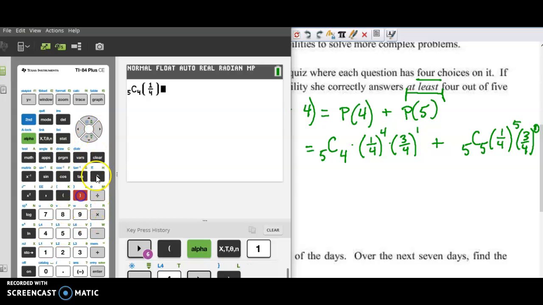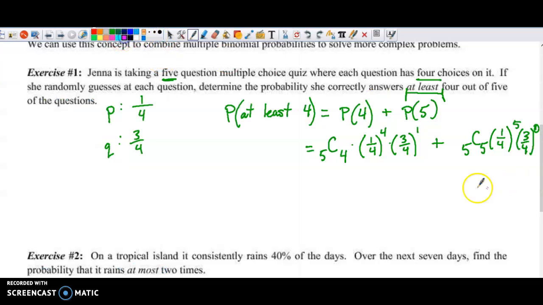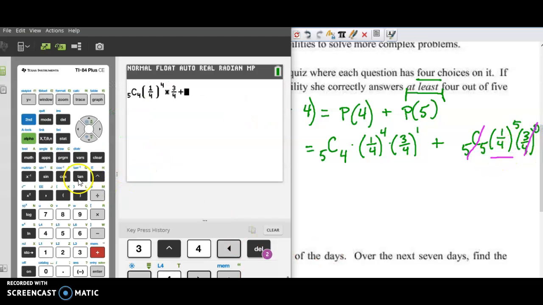1/4 to the 4th power, arrow over, and then you can just write times 3/4, because to the 1st power is still 3/4. And then plus, now this is actually a pretty big waste of time if you do 5C5, because that's just equal to 1, and 3/4 to the 0 power is equal to 1. So it's actually just faster if you know that this is going to be 1/4 to the 5th power.